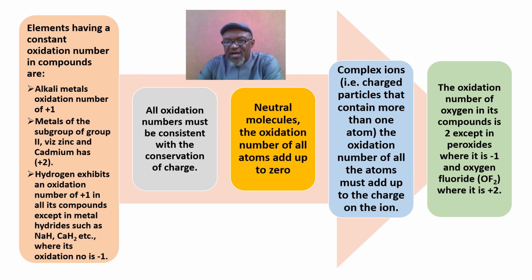The oxidation number of oxygen in each compound is -2, except in peroxides. You see, the same thing that happened to hydrogen is happening to oxygen. It has an oxidation number of -2, except in peroxides, where its oxidation number is -1, and in oxygen fluoride, where its oxidation number is +2.